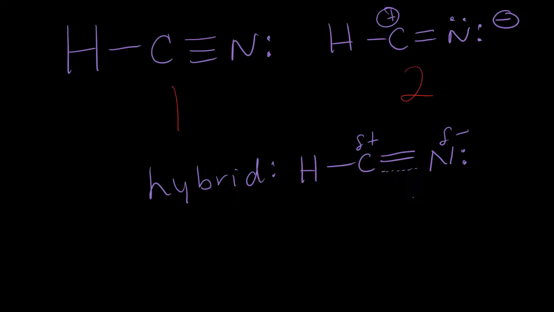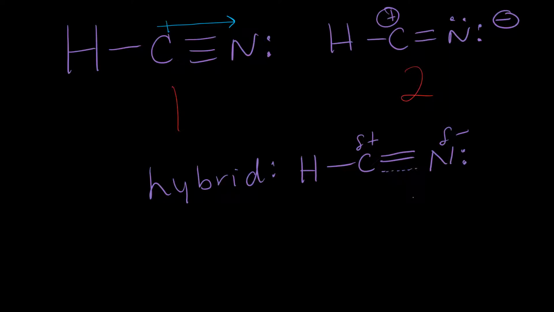So it's important that we use what we know both about bond polarity and resonance to get a picture of how the electrons are actually distributed in a given molecule or given ion. So if we go back to HCN, we see that based on bond polarity, we predict that the nitrogen is going to have a little bit more electron density around it than the carbon.